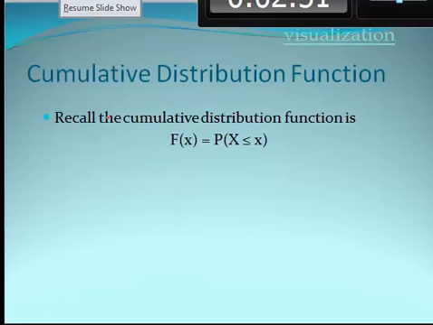And we can have a cumulative distribution function that's very much like the cumulative distribution function for discrete random variables. That is the summation of all those probabilities that are less than whatever your given value is.